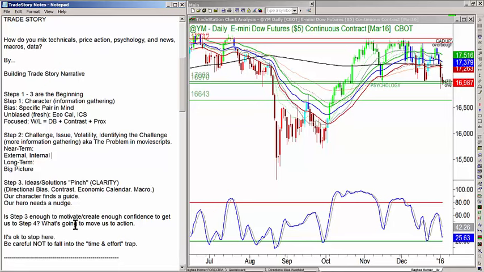That is not step 1. Far too many traders start at the chart. Big mistake. You've got to build the narrative and then go to the chart. A trade is a story that you can wrap your head around, and then you go prove with price. Proving with price is step 4. Getting a story that you can wrap your head around are steps 1 through 3.